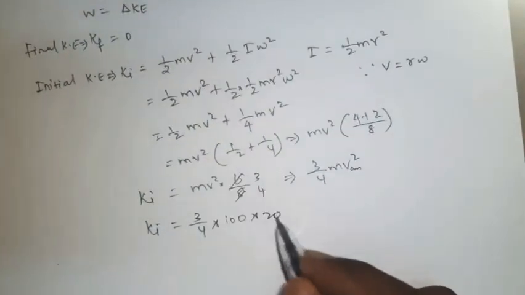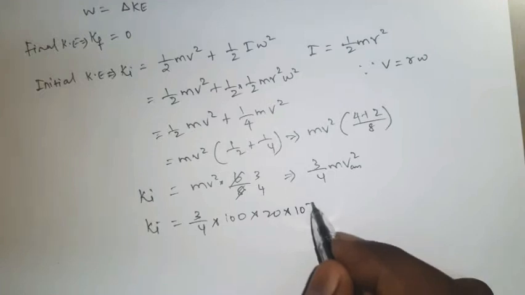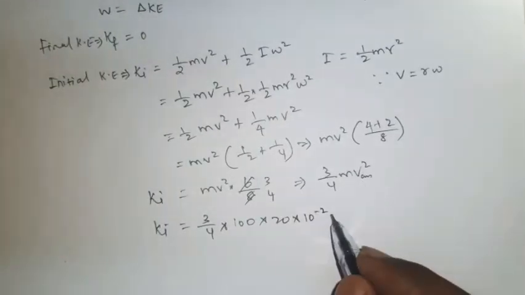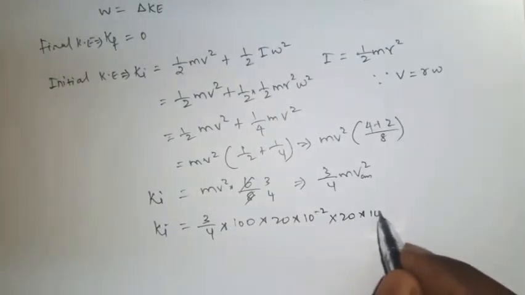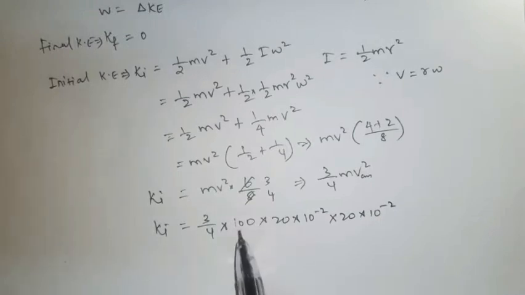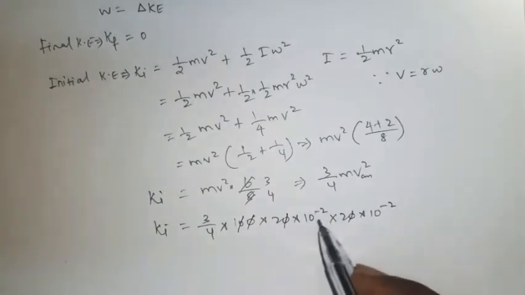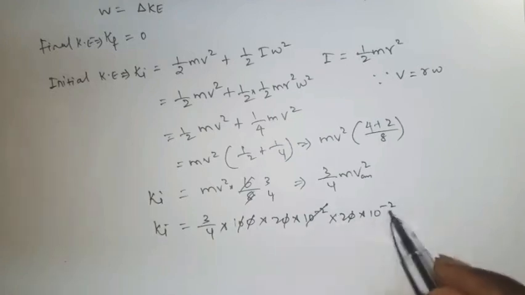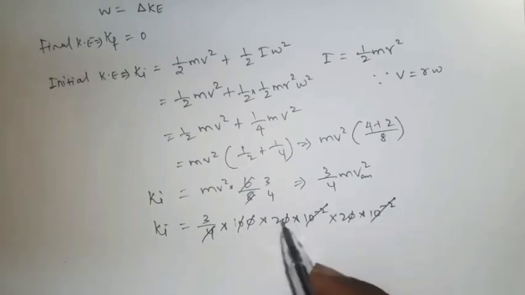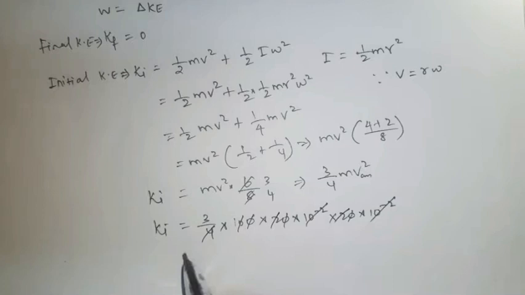So 20 into 10 power minus 2, and here a whole square is there. You can write one more time: 20 into 10 power minus 2. Here 1, 2, 3, 4. For these 4 tens, we can cancel 10 power minus 2, 10 power minus 2. So 10 power minus 2 minus 2 minus 4. Now we can cancel, 2 twos are 4. So the answer is Ki is equal to 3 joule.